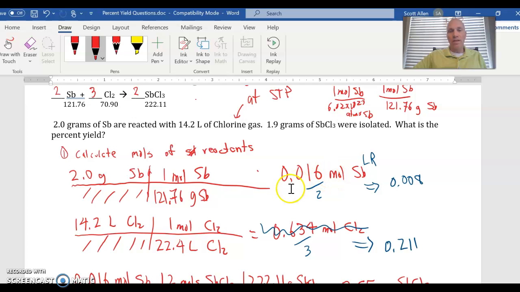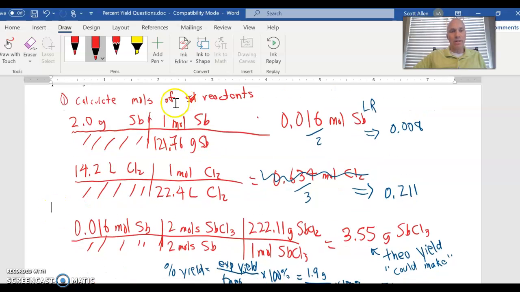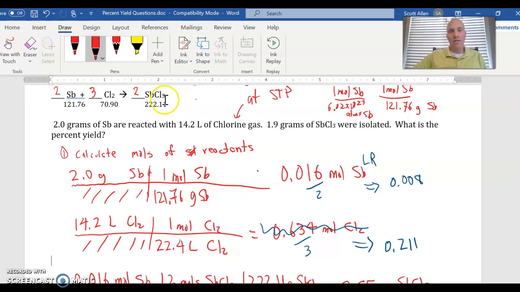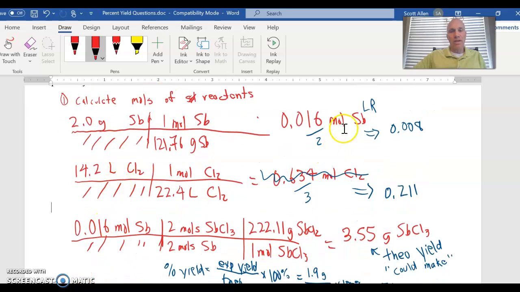We're now going to calculate the amount of our product that we could make based on the amount of antimony that we have. So here's an important point: always start off the next crossbar with the top number, not the thing that you divided by. So do it like this.